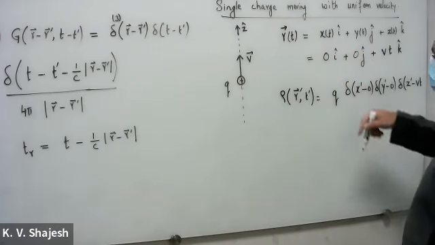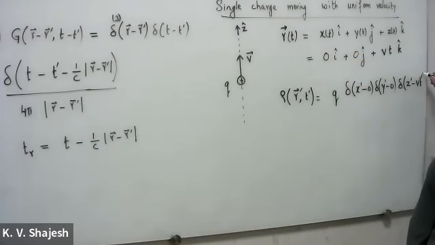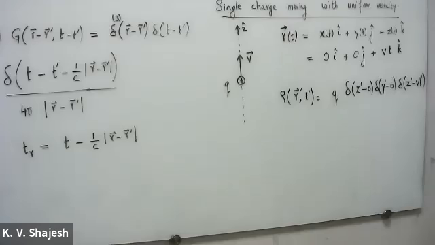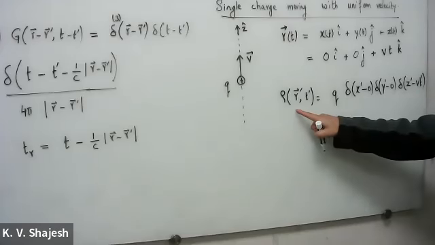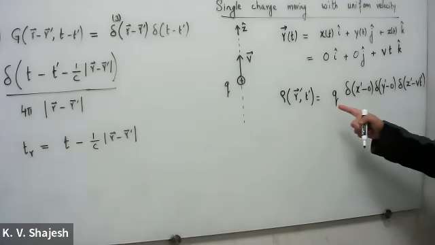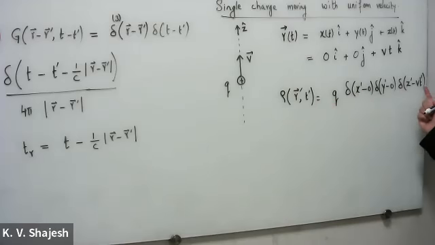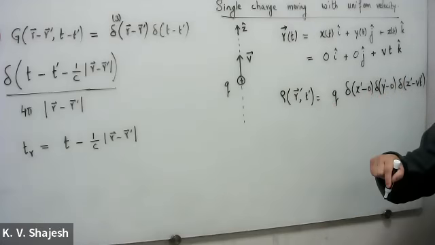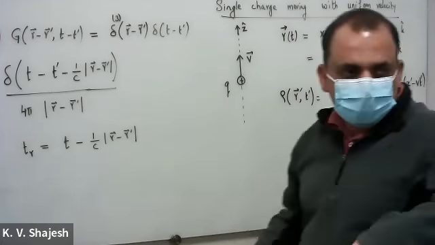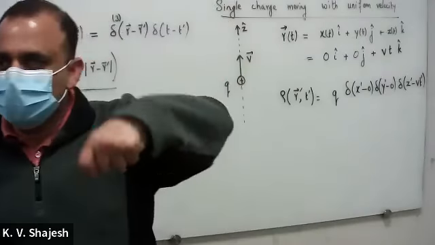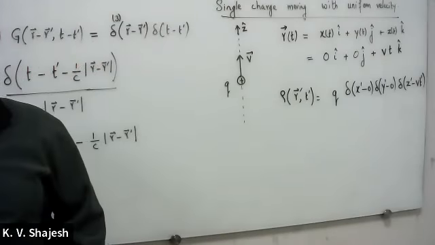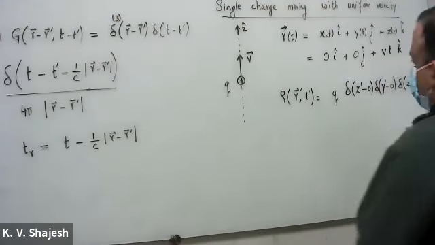And since we are working with t prime, it is vt prime. Is that clear? That's how you would write your charge density. If it was at the origin, static, then you would set this to 0, and indeed x prime, y prime, z prime is 0. It's at the origin. But now that it's moving, at each time its position changes and the delta function position changes accordingly. Any questions here?